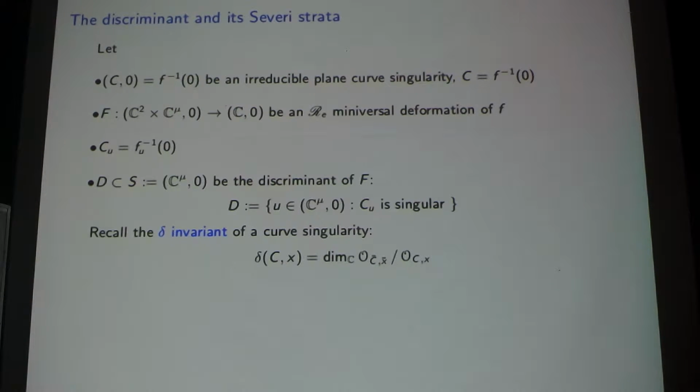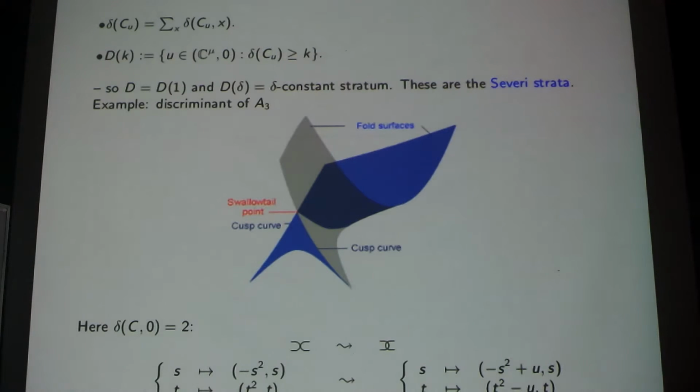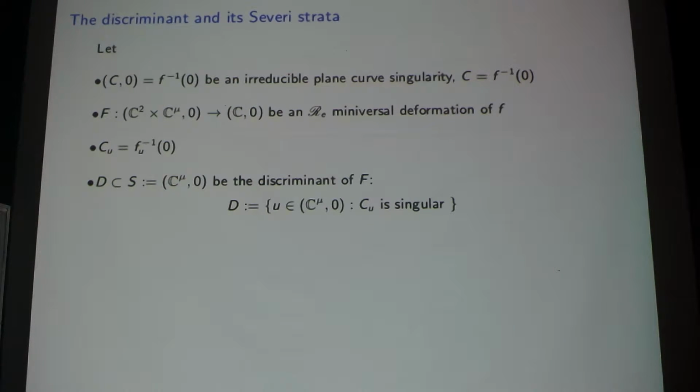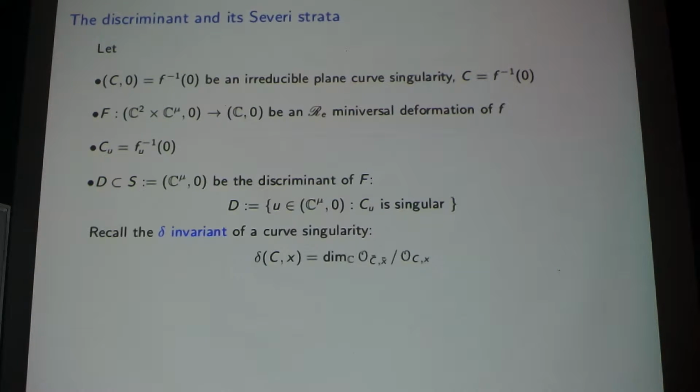Now, I want to remind you of some very elementary things. The delta invariant of a curve singularity is simply the dimension of the quotient of the normalization. So we take the normalization of the curve, which may have several points, maybe a multi-germ, divide it by the ring of functions on the curve itself, and take the dimension, that's the delta invariant, and it has a very clear geometric significance.